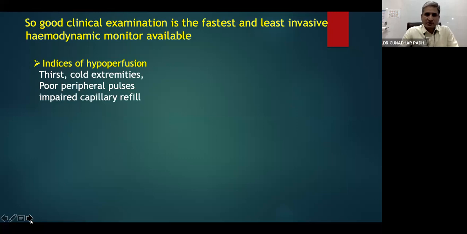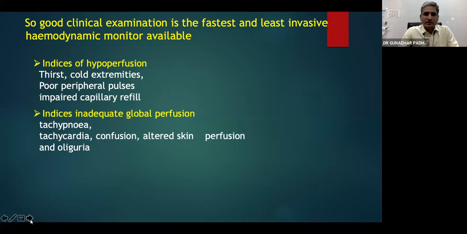So what are the indices of hypoperfusion? Clinically, there are small subtle signs which tell us that this patient is having tissue hypoperfusion, like thirst, cold extremities, poor peripheral pulses, impaired capillary refill time.